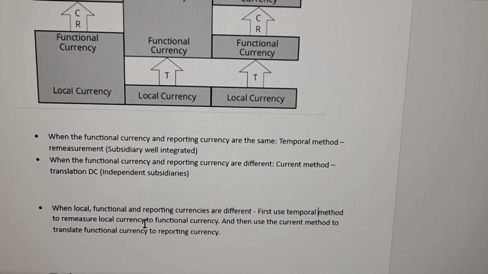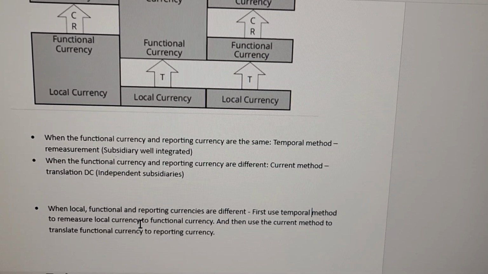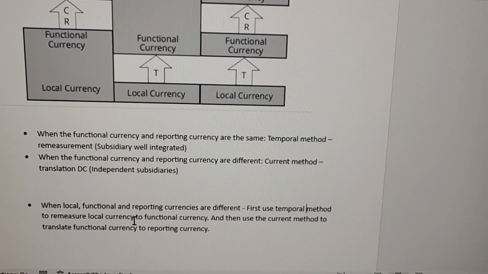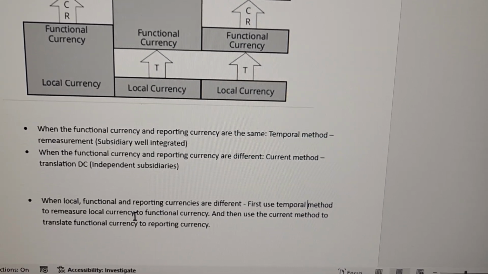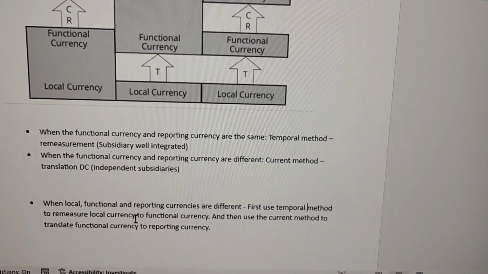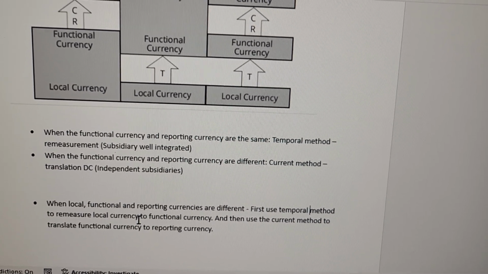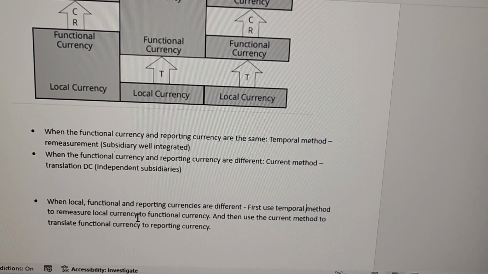So what you would first do in this case is use the temporal method to remeasure or translate the local currency, which is the pound, into the functional currency, which is the euro. And then you would use the current rate method to translate the functional currency, which is the euro in this case, to the reporting currency, which is the US dollar, okay?